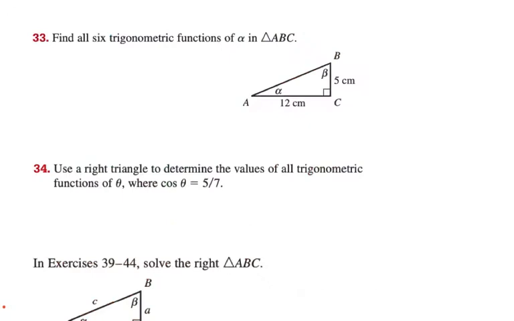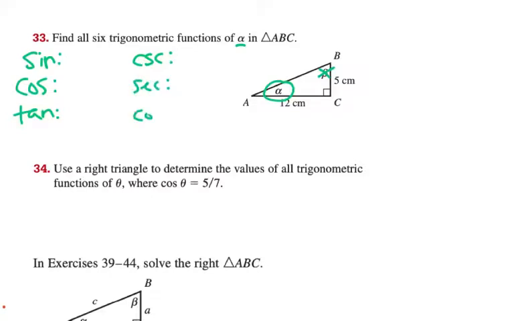Alright, the next one's find all 6 trig functions. Ew, very exciting. Okay. So we are going to find sine, cosine, tangent, and they're doing it of this one, so as much as beta is there, we're looking for alpha. Alright, so we're missing a hypotenuse.